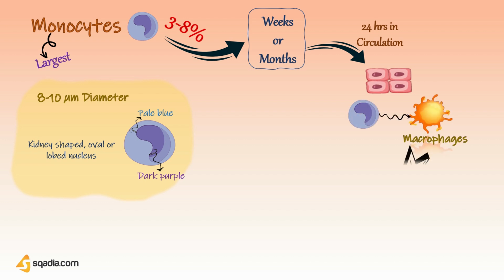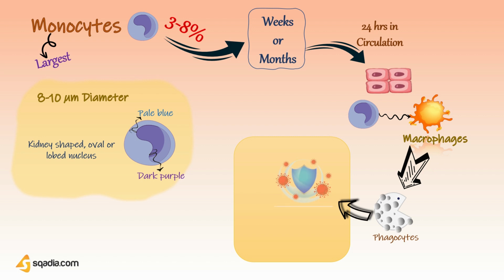Macrophages are aggressive phagocytes that are very important in the defense against viruses, chronic infections such as tuberculosis, and certain intracellular bacterial parasites. They also release chemicals that attract and stimulate neutrophils, monocytes, and other phagocytic cells. This was about monocytes and macrophages.